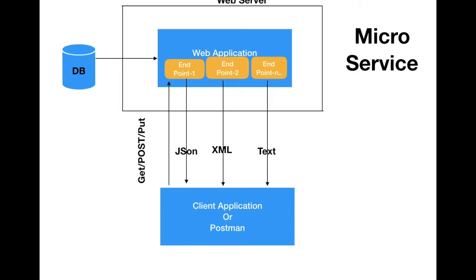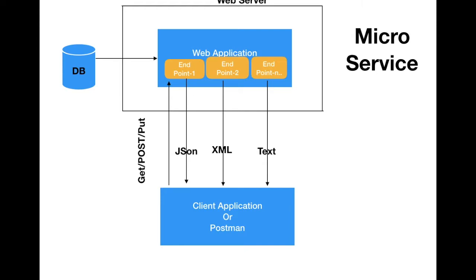The client application may request the endpoints by using GET or POST or PUT, and the client application also can be a different type of application. It can be a mobile application, a web application, a web browser, or even Postman if you are going to test it. So that is what a microservice can perform, any independent task in fact, by using a set of endpoints.